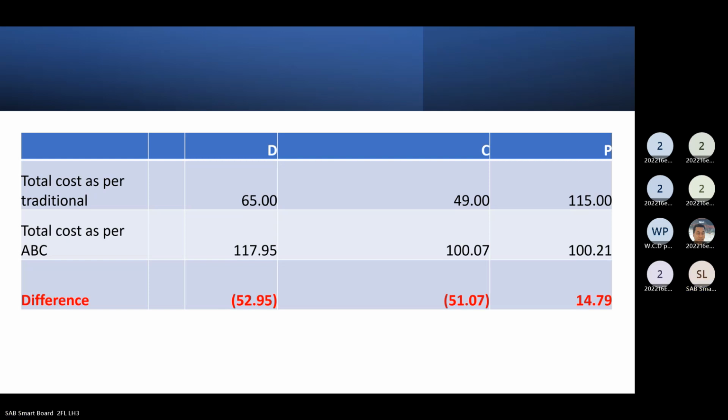On the other hand, product C's traditional overhead cost overprices the product, which might reduce sales. So more accurate overhead cost allocation can be arrived at using activity-based costing.